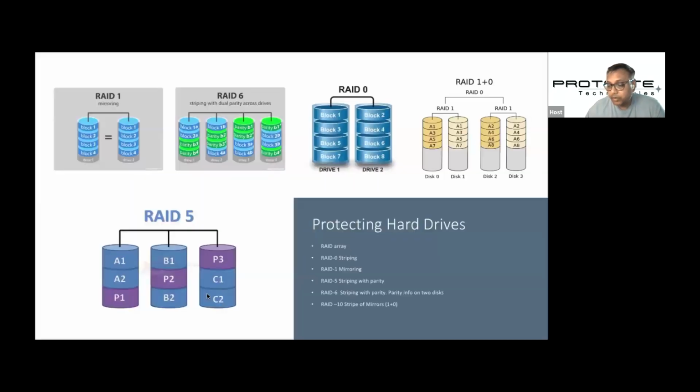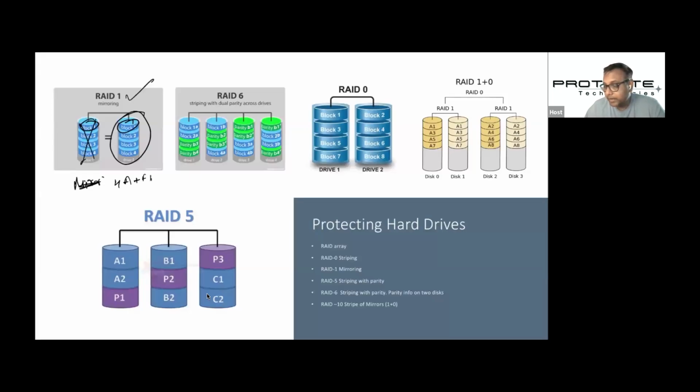The first arrangement is called RAID 1, wherein the backups are mirrored. Whatever you store on block one, you straight away store on another block one. So two hard disks, they are in an HA and FT mode. So if this fails, you have complete data. This is called mirroring.